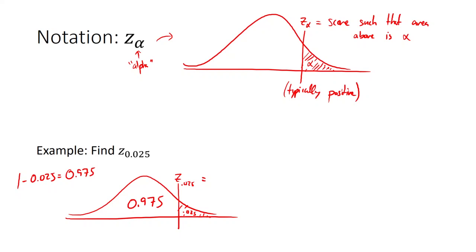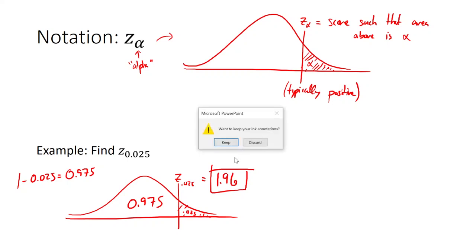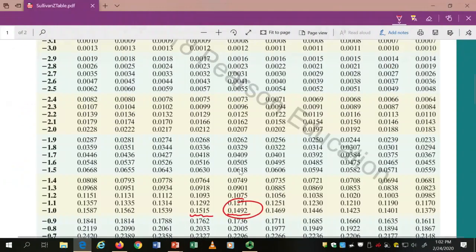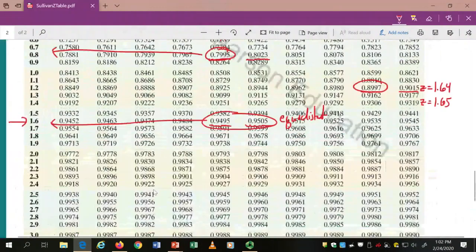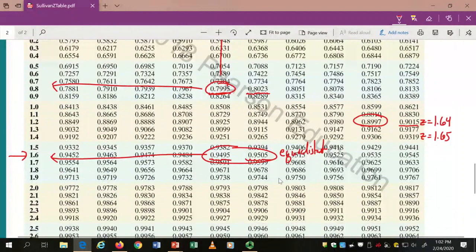Do you see it? 1.9. Go to 1.96. Yeah. You actually hit it directly if you look in the z-score table. Right. 1.96, right there. You hit the 97.5 percentile exactly at a z-score of 1.96.